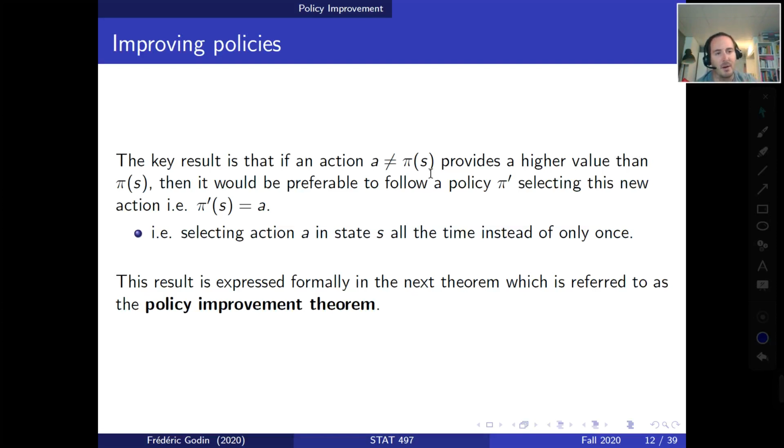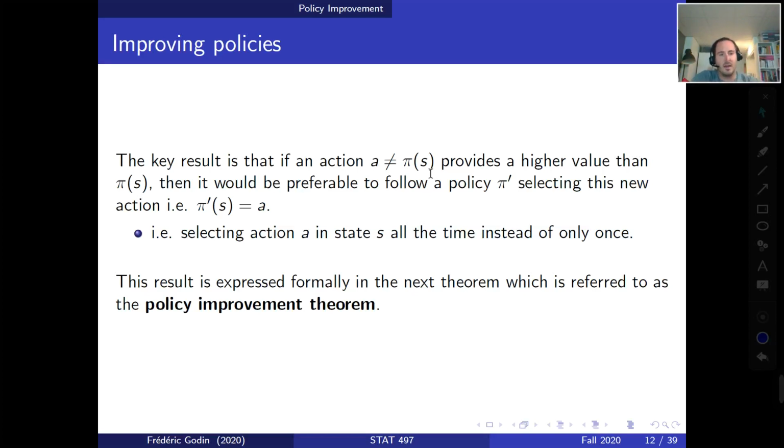Well, if it's better to do that right now, in the next time step, it might be better to do it the rest of the time. So if it's better right now to select action A in that state S than selecting action pi(S), then if we face that state S again in the future, it should be better also in the future to select this action A rather than pi(S).